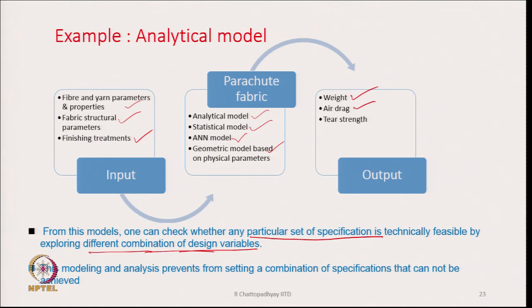This is something which is not rational, not feasible, because we have no means. Even if we have a model and we keep trying it with the design variables, we will not be able to find out any combination which will give me a yarn which is very strong and at the same time very irregular. That means this is not technically feasible.